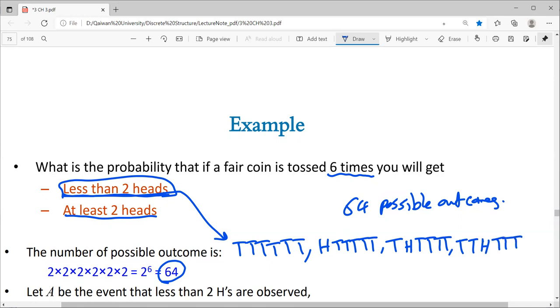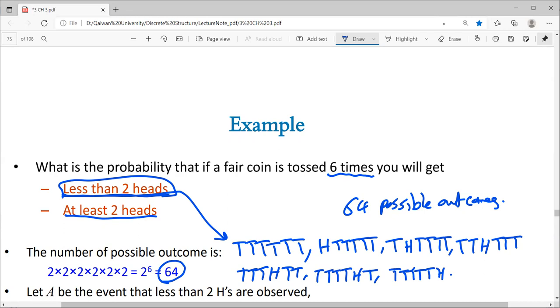And also make the fourth time. Make the fifth time. Make the last time. We have only these possible outcomes with either one head or no head. Because in the question it says less than two heads.